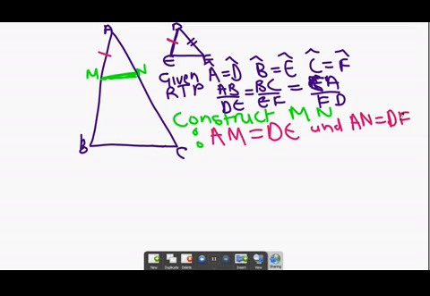Once I have constructed that, I now have a smaller triangle inside the bigger one.